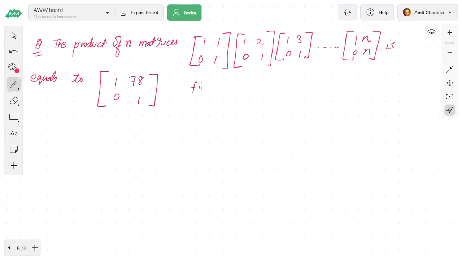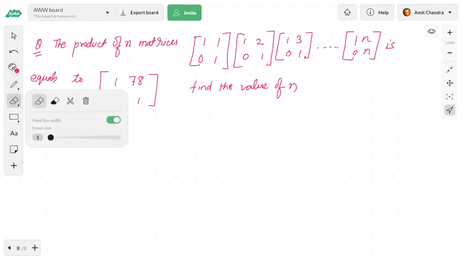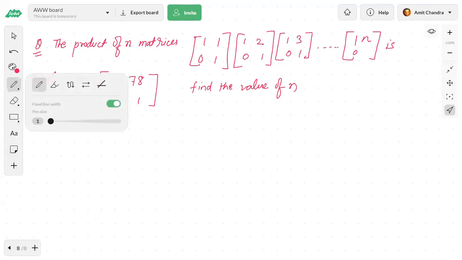Then find the value of n. Okay, solve this. Sorry, this is 1. Fine, then find the value of n.